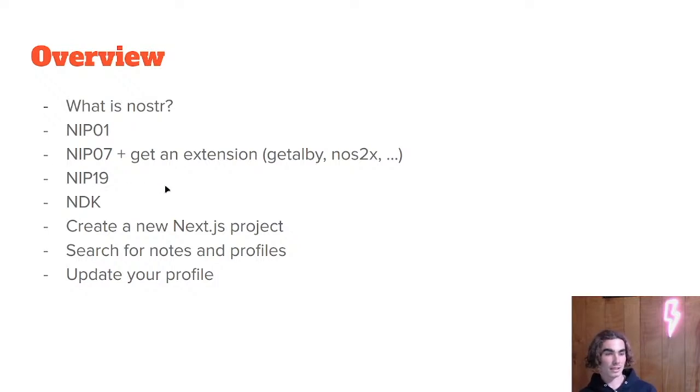NIP 19, if you've ever been on Nostr, shows you how to encode things. Everything in Nostr is hex encoded, but when you look on a Nostr client, you see things like note and then a string of numbers, or npub and a string of numbers, and those are just encodings to help you know what you're looking at. That's defined in NIP 19.